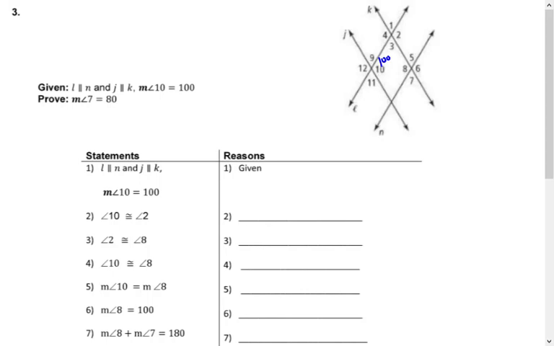So if we look on our sheet here, our diagram, the reason we can say that is because they're corresponding. We can call it the corresponding angles postulate, write out corresponding, and we should translate it into our list that we're using, which is S.